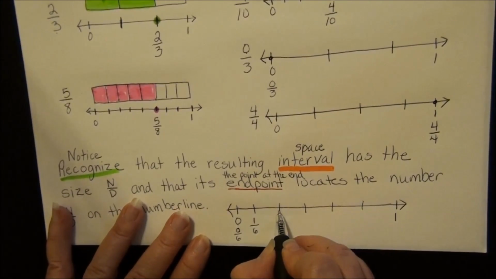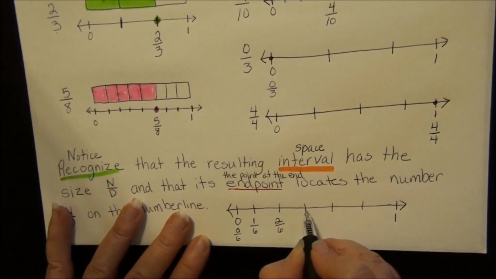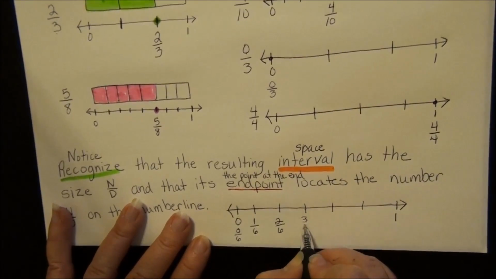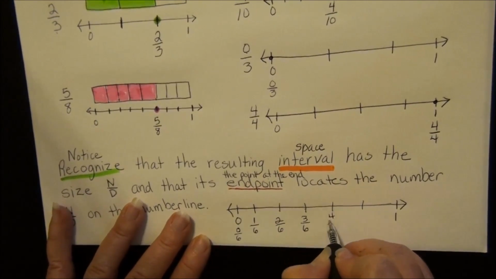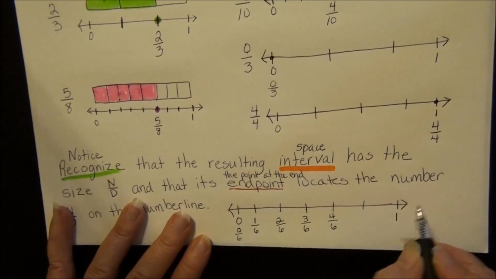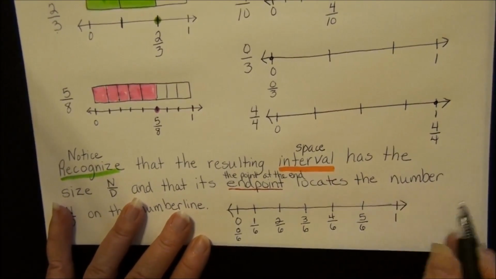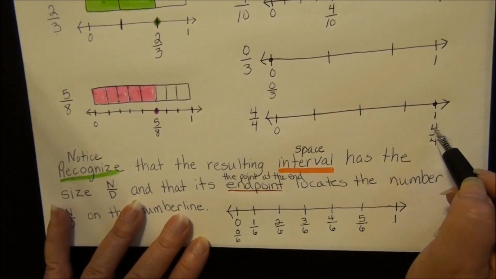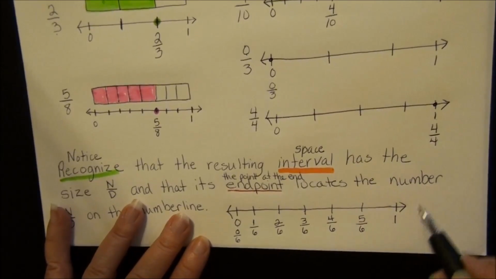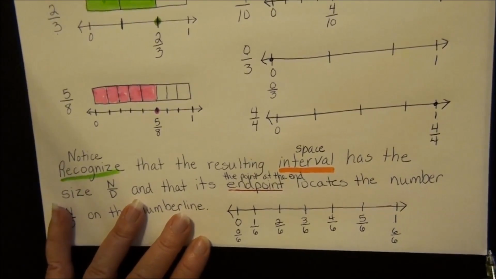The second one is 2 out of 6. The next one is 3 out of 6. You may be noticing a little pattern here. 4 out of 6. 5 out of 6. And then, just like we did here, this was 4 out of 4 parts, so this must be 6 out of 6 parts.